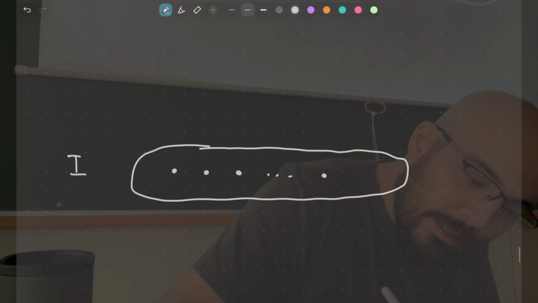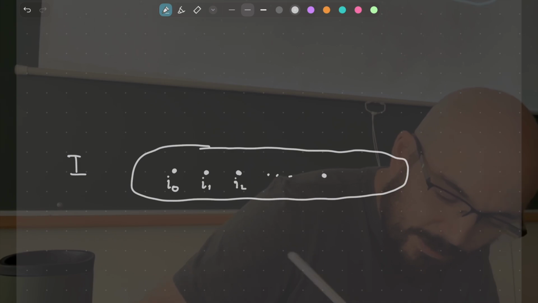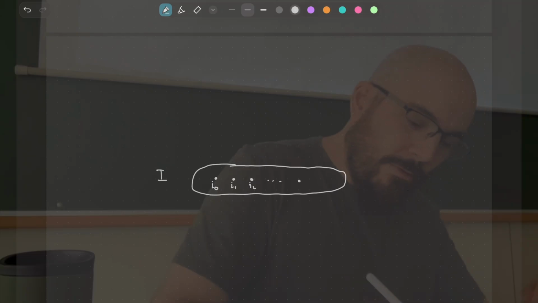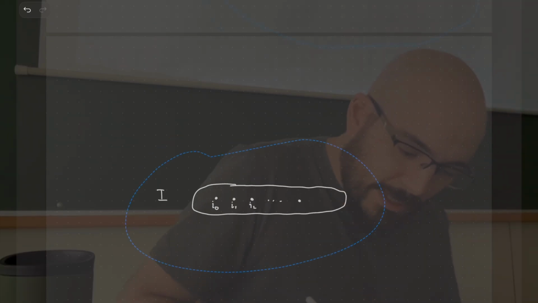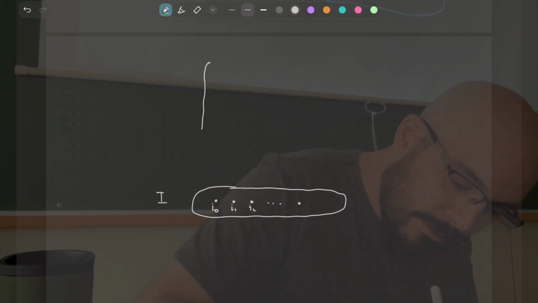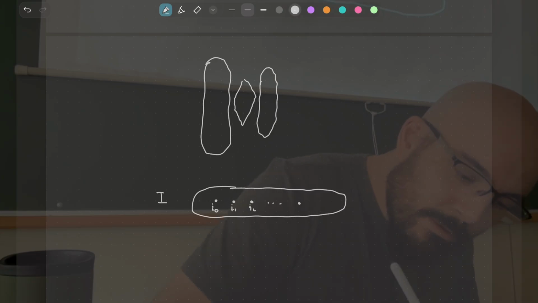Let's say this is like I0, I1, I2, and so on and so forth. The idea is that on each of them, I will associate a new type. So think of a type floating over it, like that. And it's not necessarily the same type, but it's a type. It could be the same, but it's not necessary.